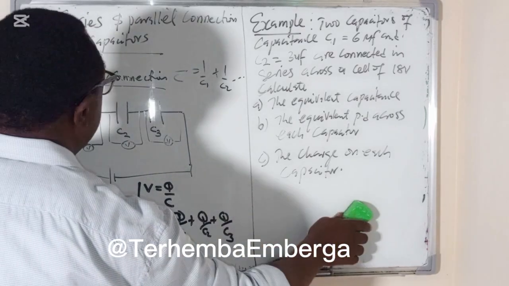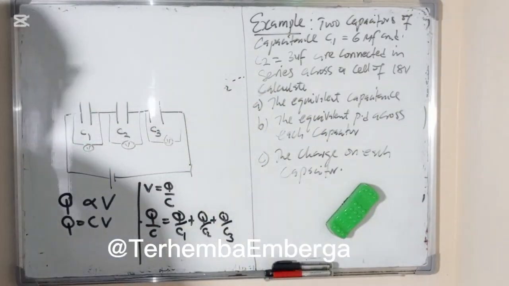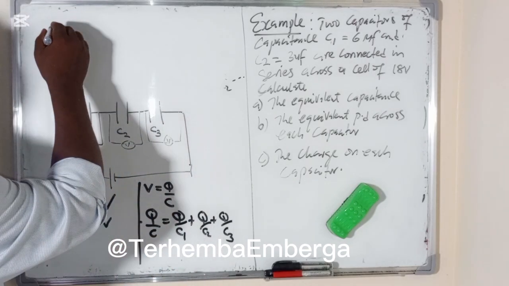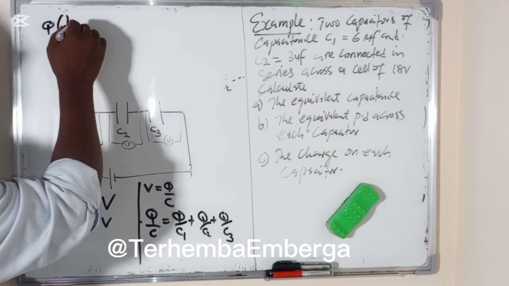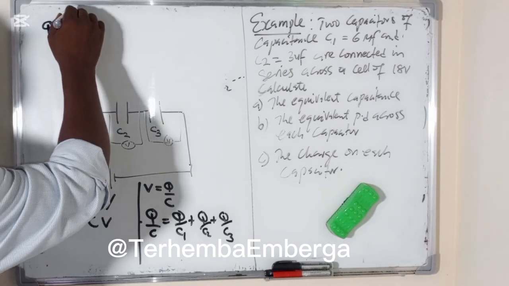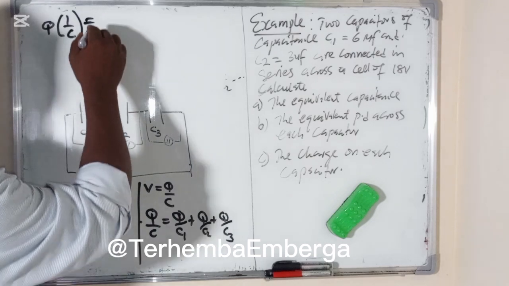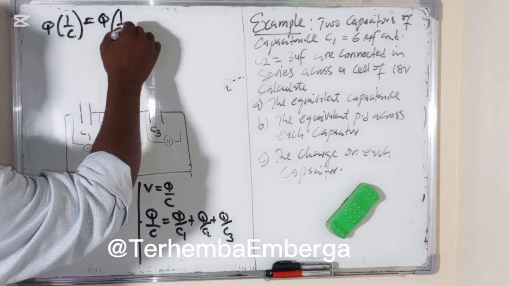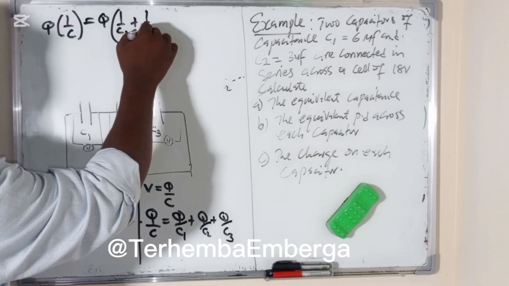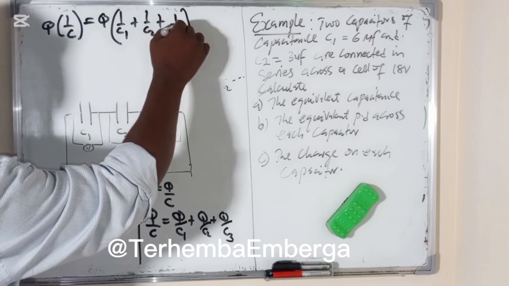We can write this as Q multiplied by 1 over C is equal to Q into 1 over C1 plus 1 over C2 plus 1 over C3, because Q is common, so we factorize it.